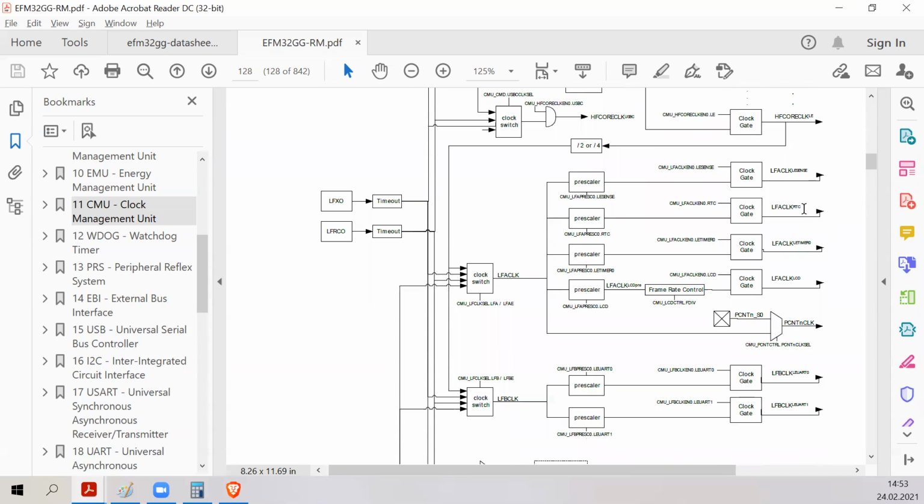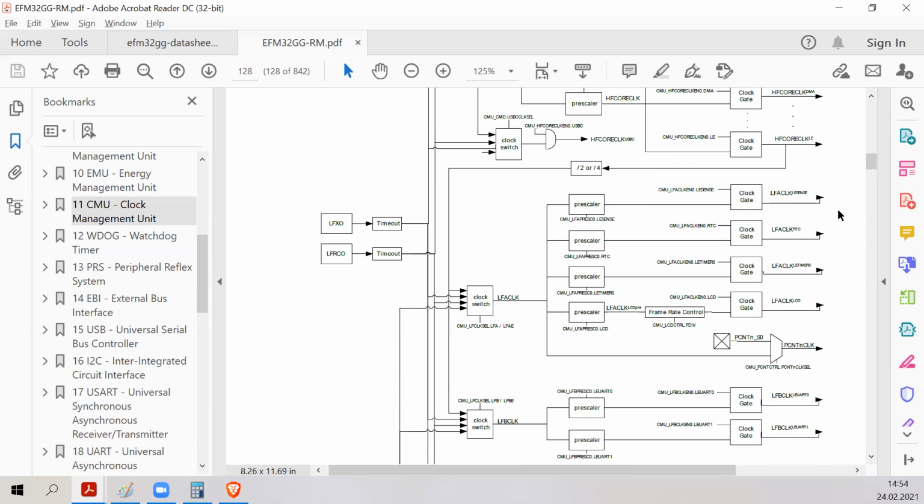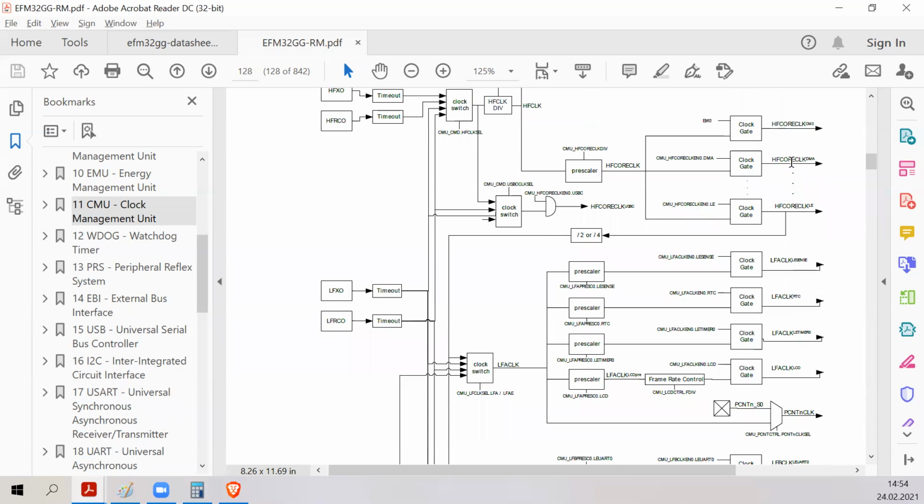And usually for that, a real-time counter is used. So you set up the real-time counter to, for example, have an interrupt after 1 second, and then you tell the microcontroller to go to sleep, and after 1 second, or maybe if you want after 1 minute or 5 minutes, the real-time clock will wake it up, and the microcontroller will restart doing the code from the place where you put it to sleep.